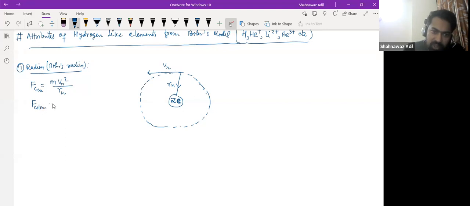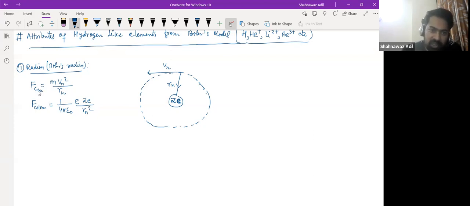So how much would be the Coulomb force? That would be 1 by 4 pi epsilon naught times the charge on the electron, e, and the charge on the nucleus, Ze, divided by rn square. Both these forces are balancing each other.